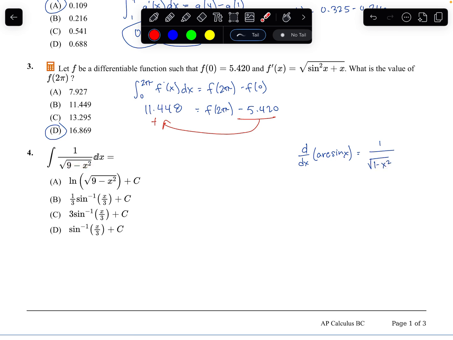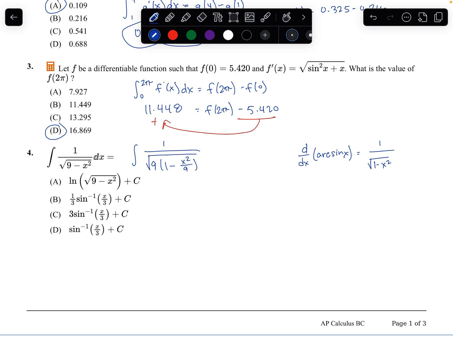So let's say that I factor out a 9. I'm going to manipulate this expression to be the integral of 1 over the square root of 9, and if I factor out a 9, that's 1 minus x squared over 9.